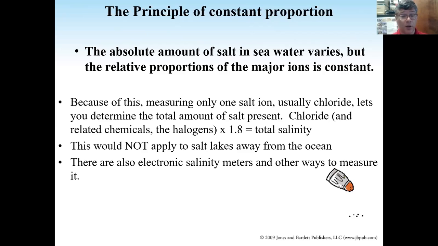If you're interested in a salt lake, it won't work. Different salt lakes have different proportions of things. So this is something true of the ocean, but not of just any salt. Now, there are other ways of measuring salinity as well. These days, there are electronic meters, various other things that you could do.